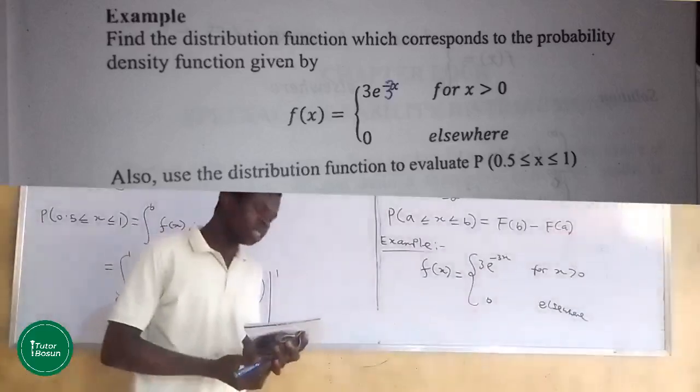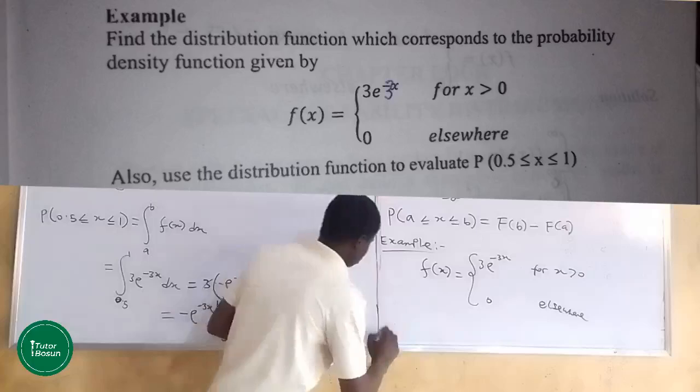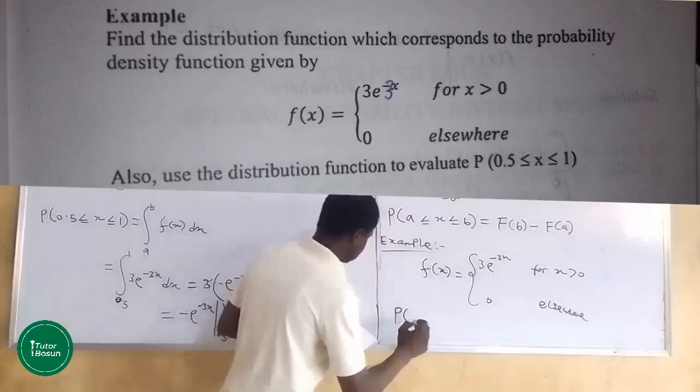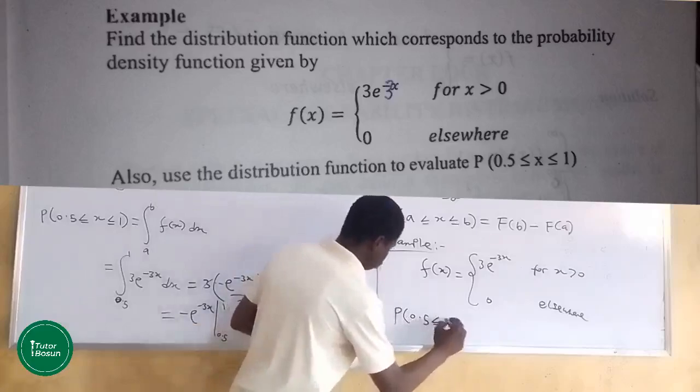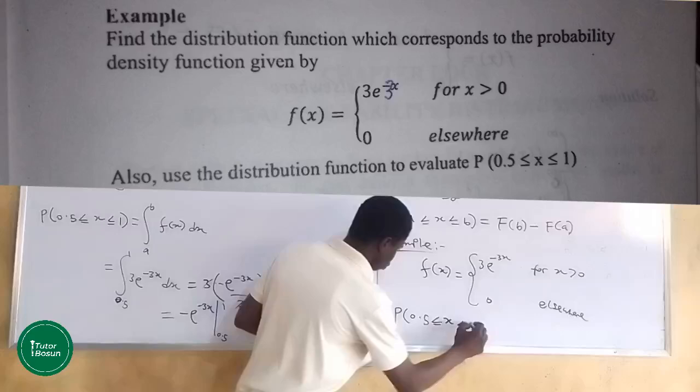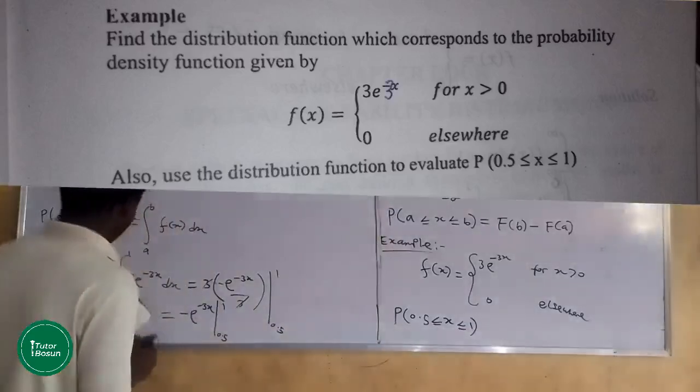Also, use the distribution function to evaluate the probability of 0.5 less than or equal to x less than or equal to 1.